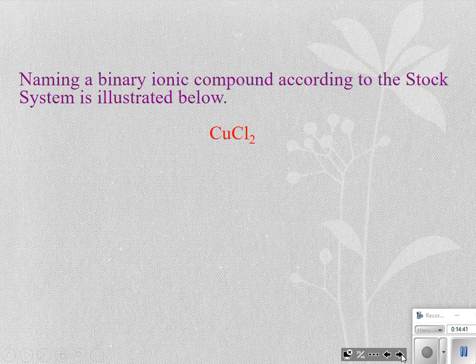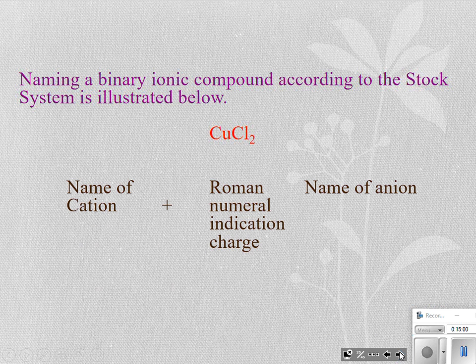Now let's look at this guy right here. Go ahead and write this down and we'll work it. All right, let's roll here, folks. CuCl2. What is Cu? Copper. So, name of the cation is copper.